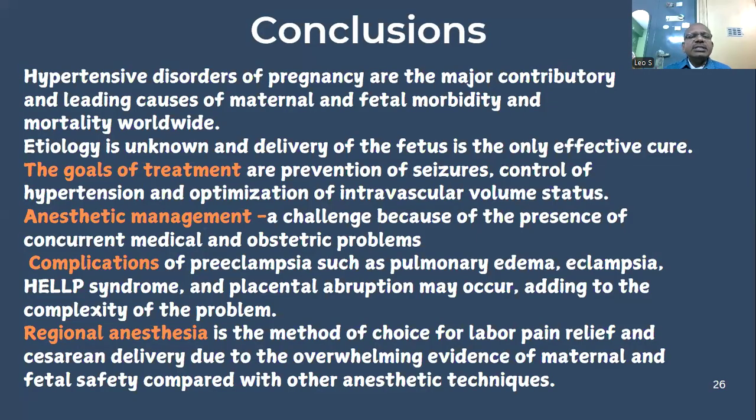To conclude, hypertensive disorders of pregnancy are a major contributor and leading cause of maternal and fetal morbidity and mortality worldwide. Etiology is unknown, and delivery of the fetus is the only effective cure. The goals of treatment are prevention of seizures, control of hypertension, and optimization of intravascular volume status. Anesthetic management is a real challenge because of concurrent medical and obstetric problems.